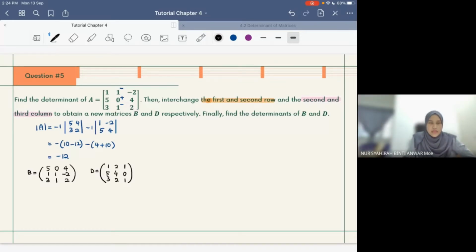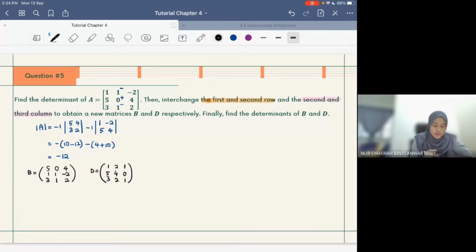So, tak silap saya ada beritahu dekat dalam properties of determinant tersebut, kalau kita interchange antara row ataupun antara column, determinant of the new matrix akan didarabkan dengan -1. So for example here, untuk B kita interchange first dengan second row, and D pula kita interchange column, second dengan third column.